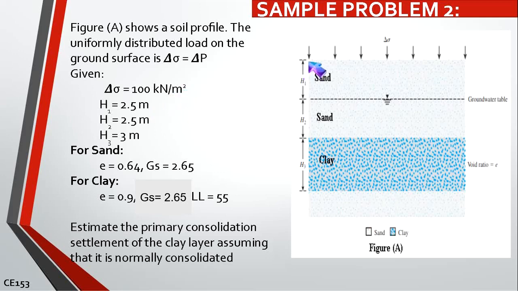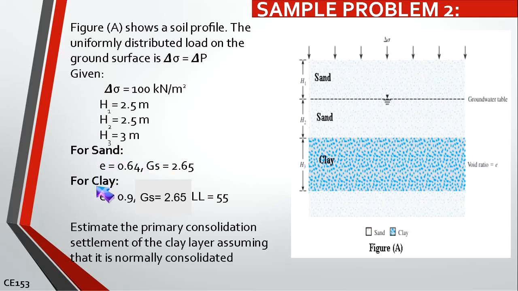So, H1 is given, 2.5 meter, 2.5 meter, and this is 3 meter. So, yung given, sa past problem natin, ang given is unit weight. Ngayon naman, ang given naman dito is the void ratio and our specific gravity.